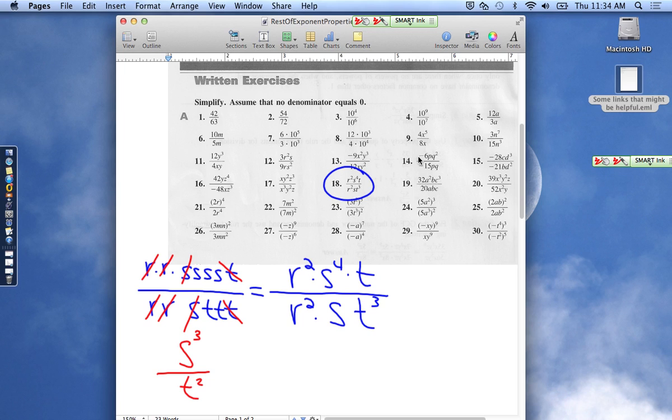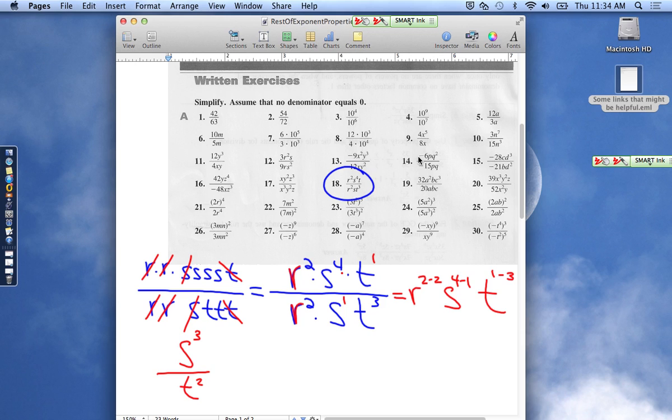If I apply the property to this, I would write the base one time, so we'll do the r, and it's the top power minus the bottom power. Then I write the base of s one time, and it's the top power minus the bottom power, so that would be 4 minus 1. If I write the base of t one time, it's the top power minus the bottom power.